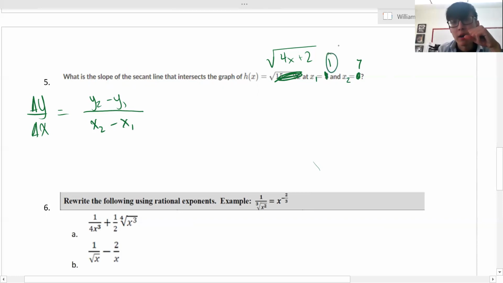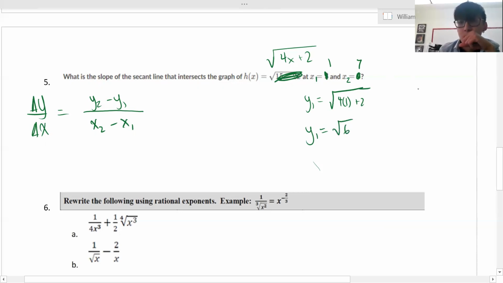So if I plug in 1 into my function, my y1 would be equal to the square root of 4 times 1 plus 2. That's equal to the square root of 6.